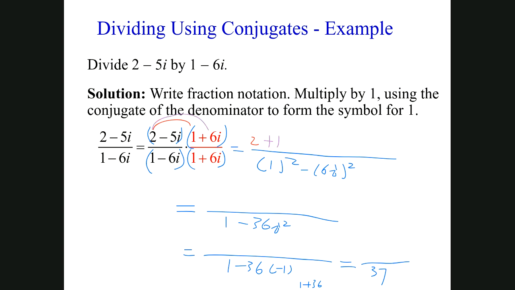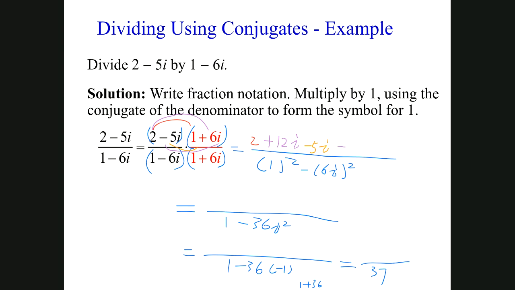This one doesn't have a formula because it's not a plus b times a minus b, so we have to FOIL it. Then the inner one: -5i times 1 is -5i. And the last one is -5i times 6i.